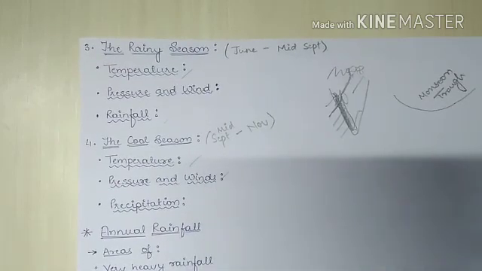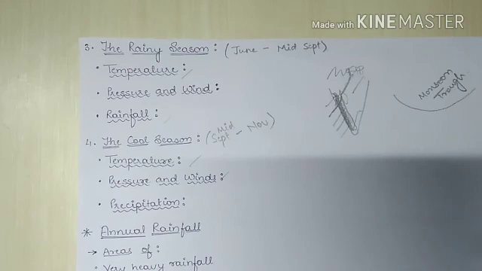The monsoon retreat elongates the low pressure across the Indo-Gangetic plain. So there is low pressure across the Indo-Gangetic plain, and this low pressure weakens because the monsoon has retreated.